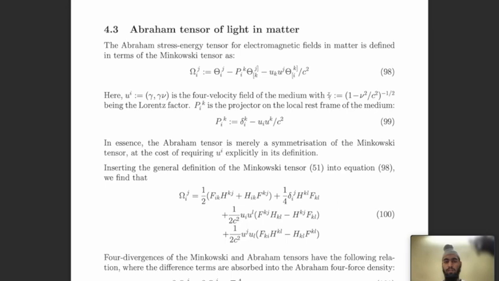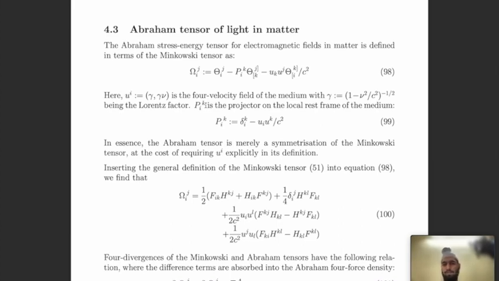And correspondingly, a Lorentz factor is defined using the three speed of the medium with respect to the ground frame, and pi is a rank 2 projector tensor.